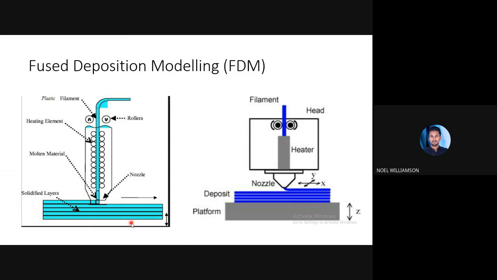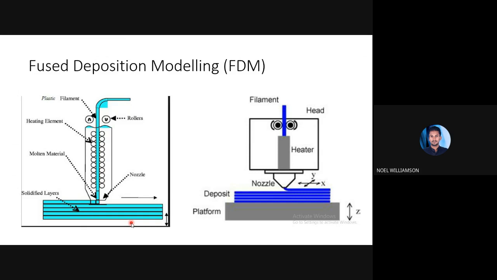For any rapid prototyping technique, and this is also one of the rapid prototyping techniques, what is the procedure? Initially we create a 3D model in the CAD. Using the CAD data, we create a three-dimensional object.